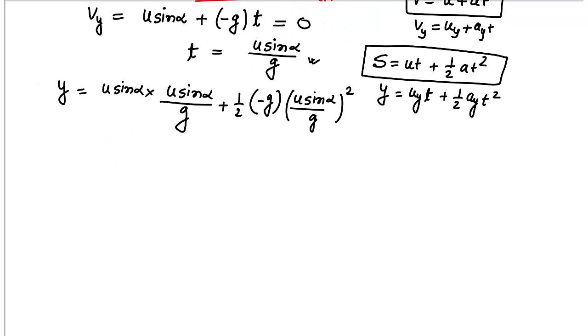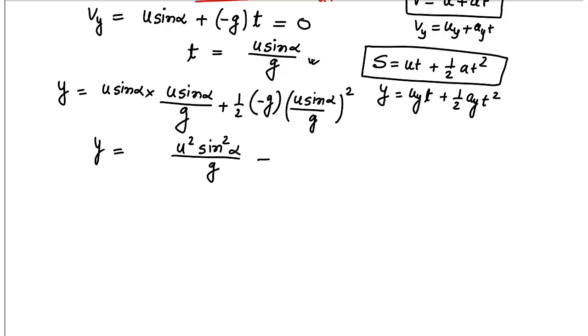So from here I can calculate y, which is nothing but u² sin² α divided by g, minus half, and this will become u² sin² α divided by g. You see, this term and this term are the same. The only thing is there is a difference of the coefficient 1/2.